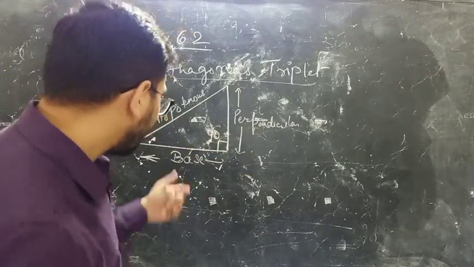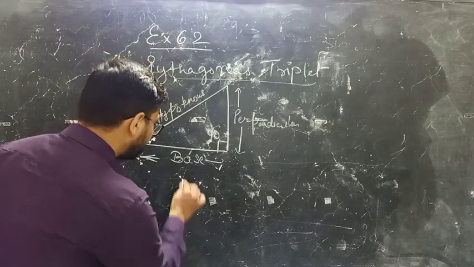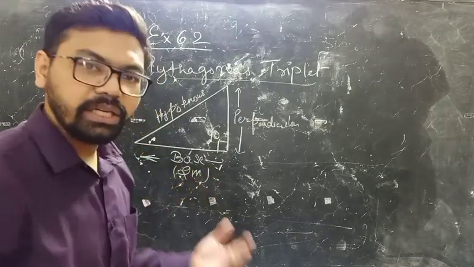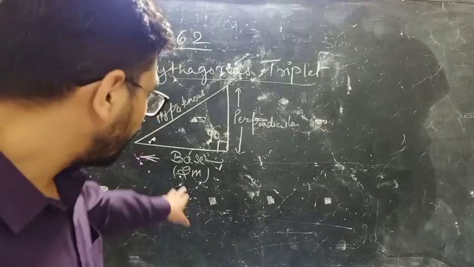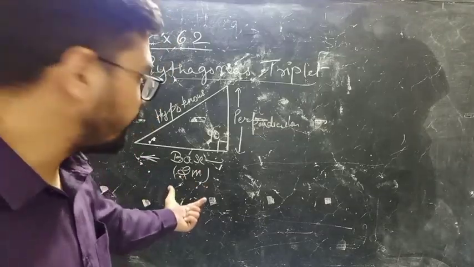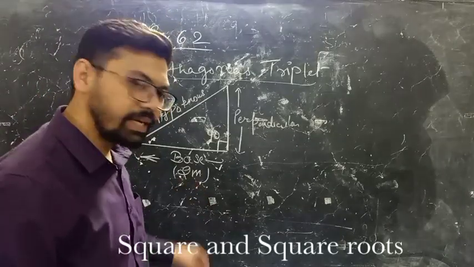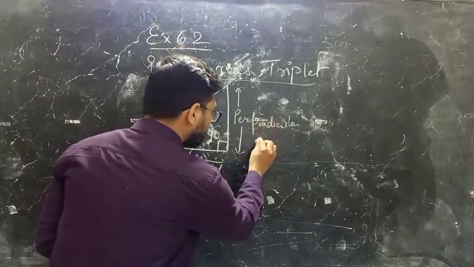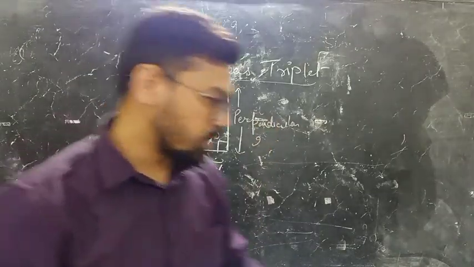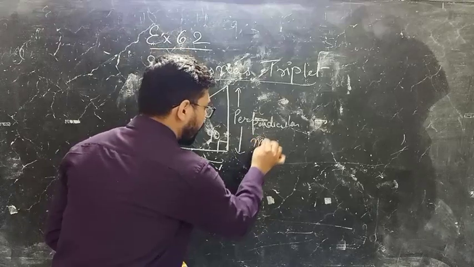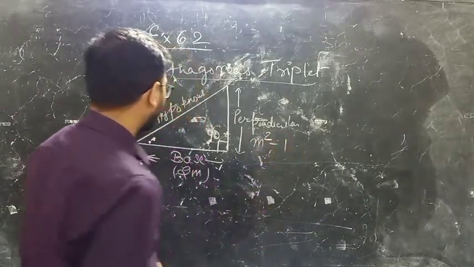Now, let's say this side is 2m, where m is an integer. Let's say 2m is the length of one side, where m is an integer. So this side will be m square minus 1.